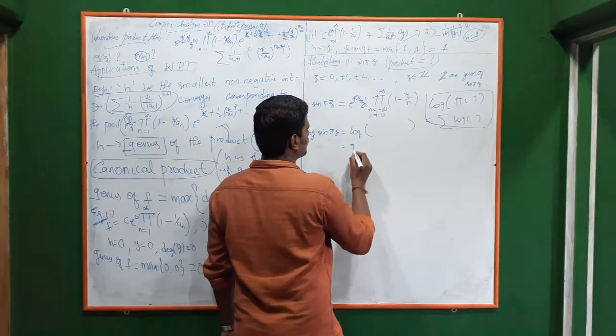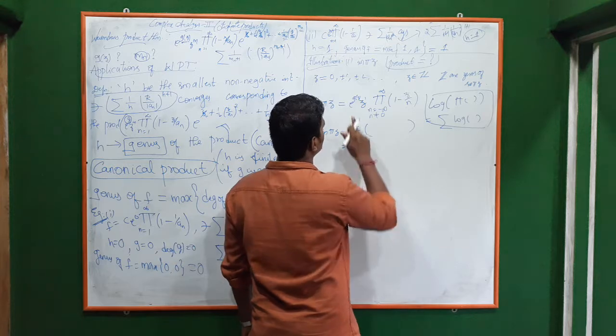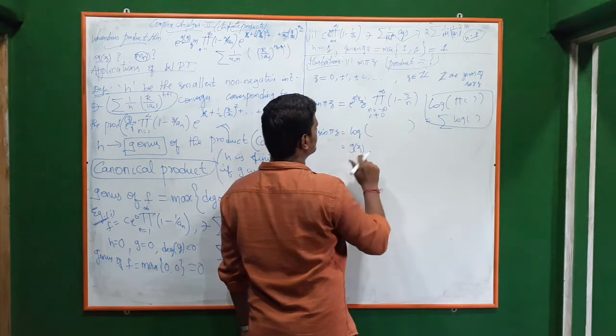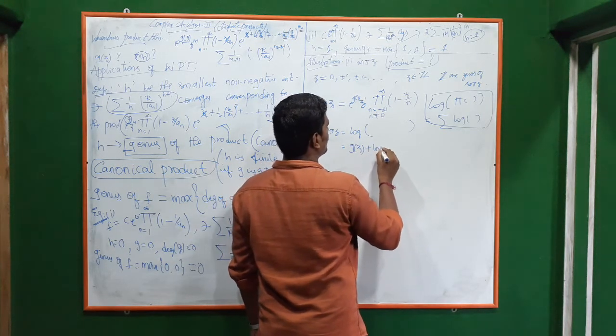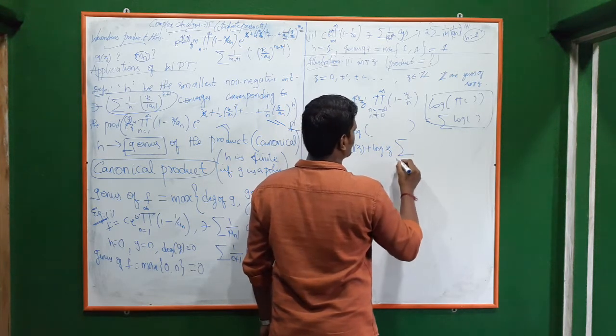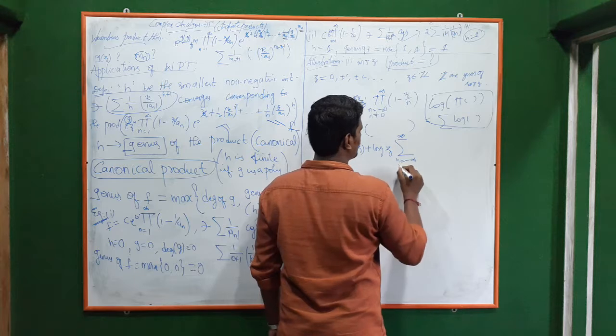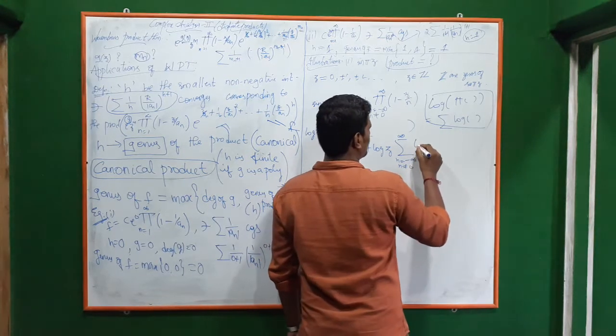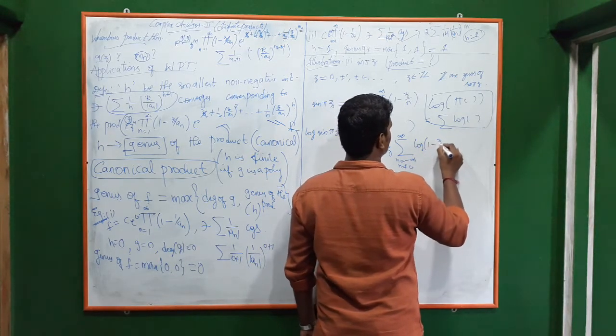So this will be g of z, log of e power g of z is g of z, plus log z, plus summation n from minus infinity to infinity, n not equal to 0, log of 1 minus z by n.